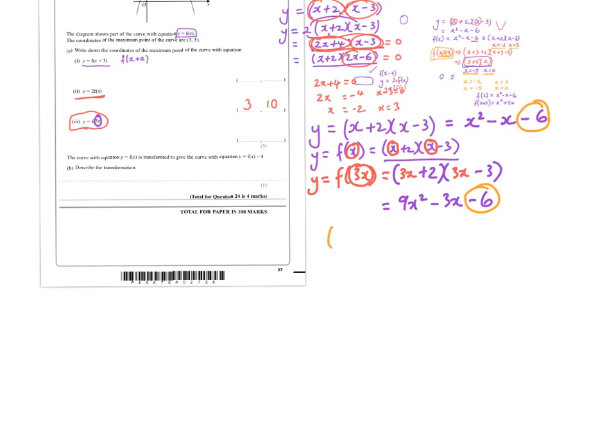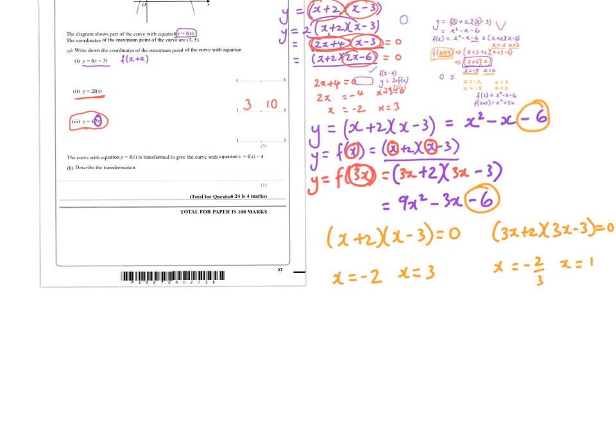If we compare the solution points, say if we put them both equal to 0, here we'd have x equals negative 2, here we'd have x equals 3, and in the transformed version here, if we put this equal to 0, we'd have x equals minus 2/3 and x equals 1.